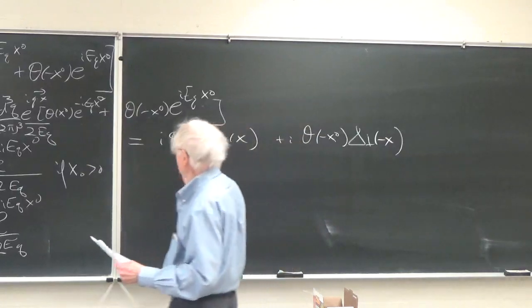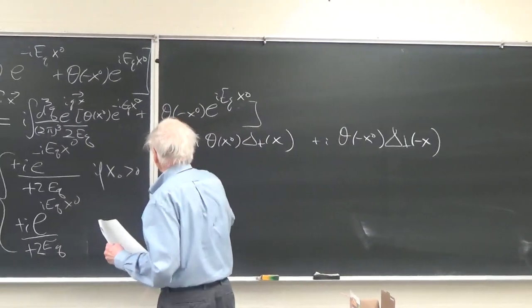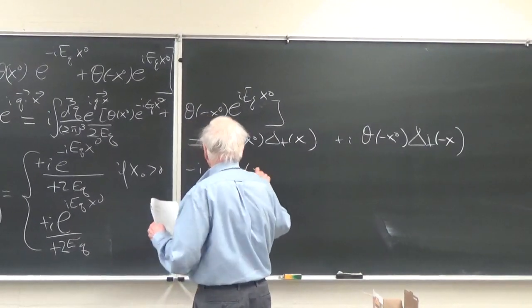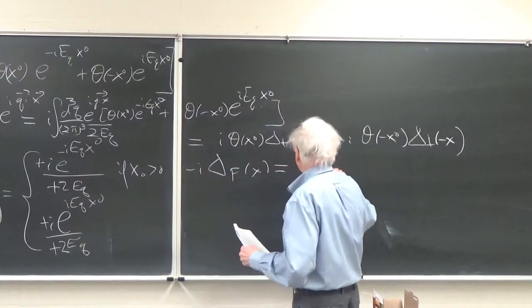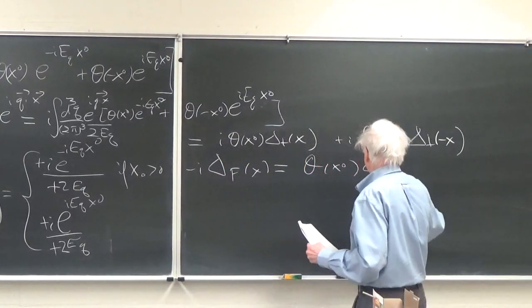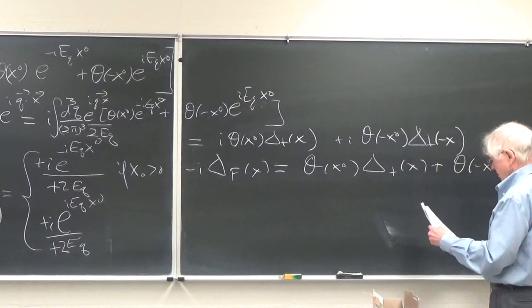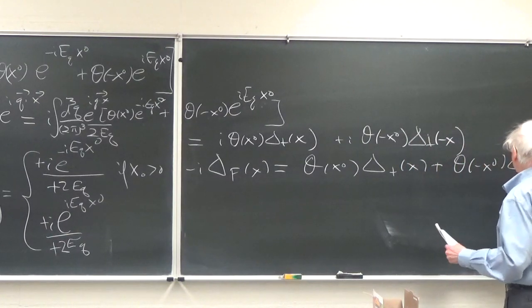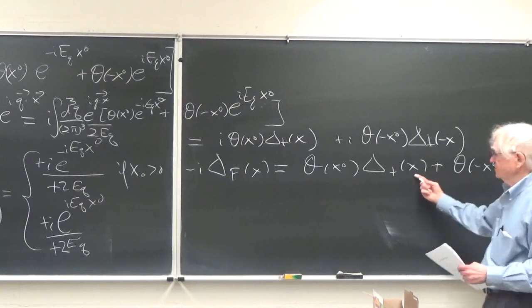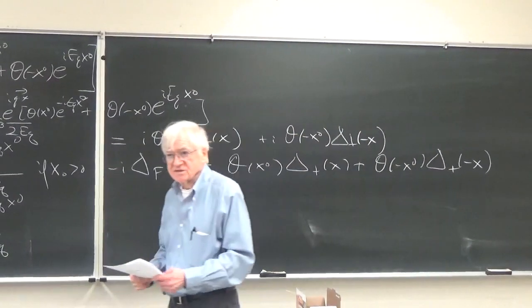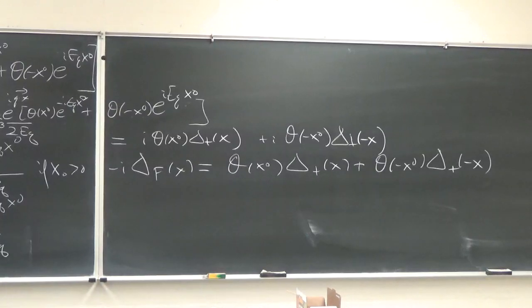And so now, if we multiply through by minus I, we get minus I delta f of x is theta of x0 delta plus of x plus theta of minus x0 delta plus of minus x, x being the 4 vectors.